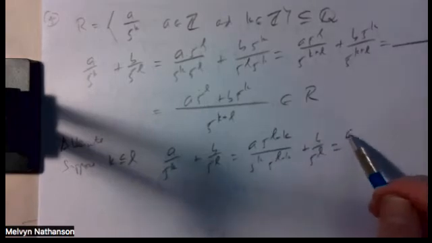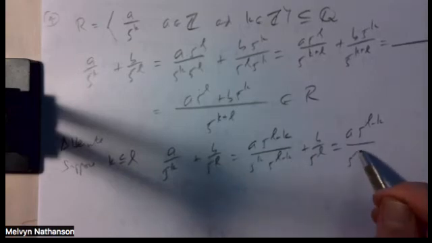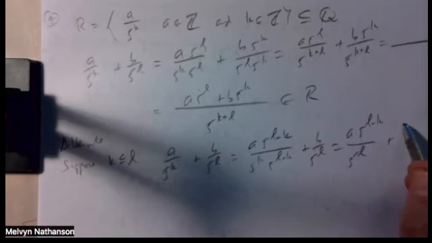So what we get is a times 5 to the l minus k, which is some non-negative integer, over 5 to the k times 5 to the l minus k, which is 5 to the l, plus b over 5 to the l. Again, we have a common denominator. So this is a times 5 to the l minus k plus b, over 5 to the l. Again, this is in R.